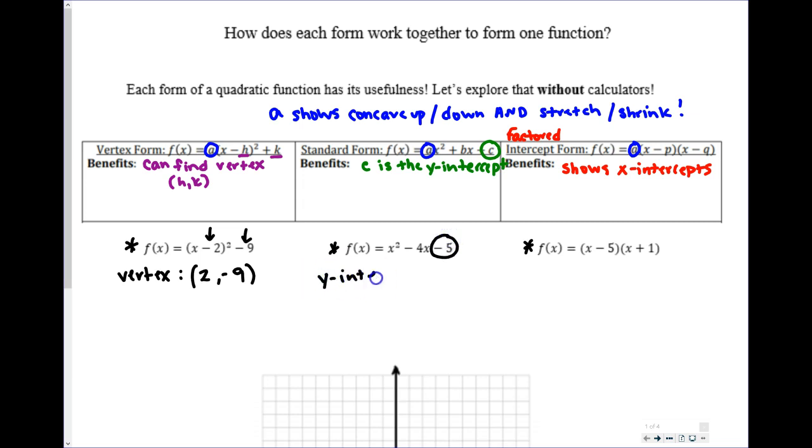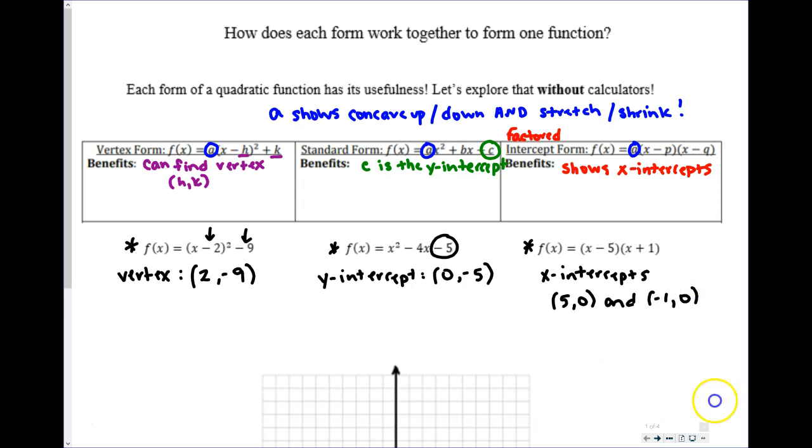So my y-intercept is going to be at 0, negative 5. And then finally, in the last form, I know my x-intercepts. This was the last learning target you just did. So my x-intercepts are going to be positive 5, 0. Remember, we have to change the sign. And negative 1, 0.